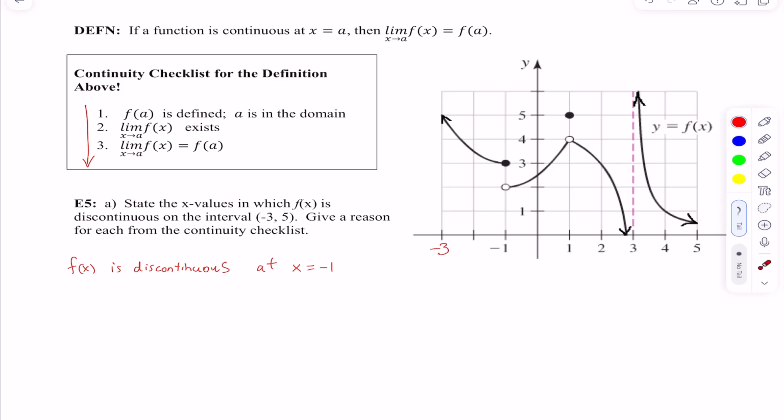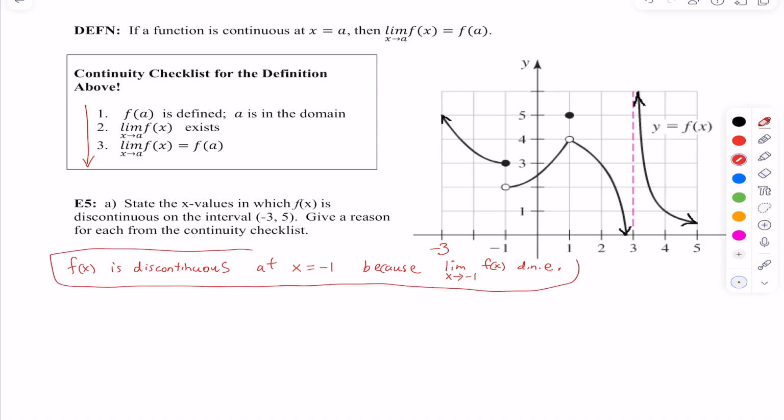So the reason for this function not being continuous is because the limit of the function as x approaches -1 from both sides does not exist. So it doesn't satisfy the second item of our continuity checklist.